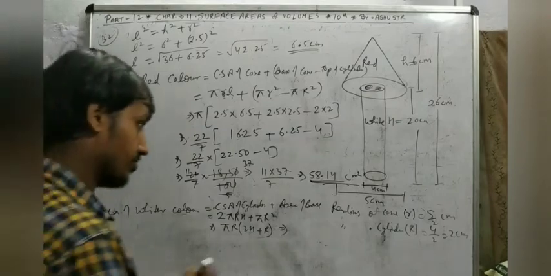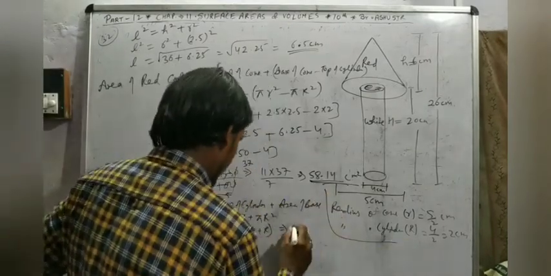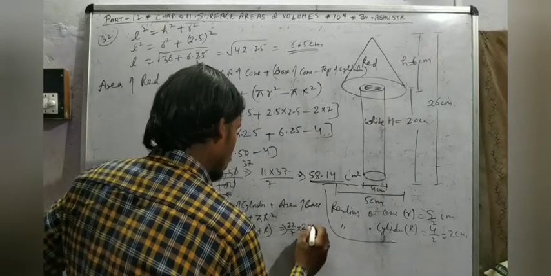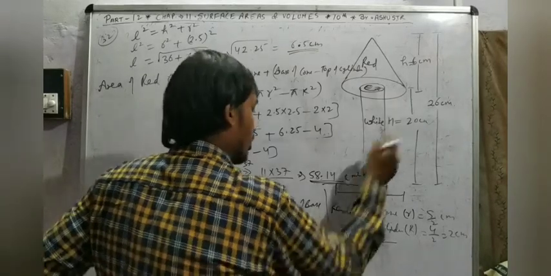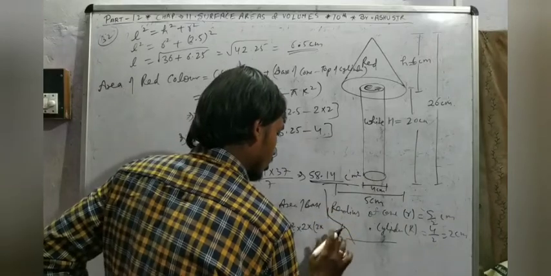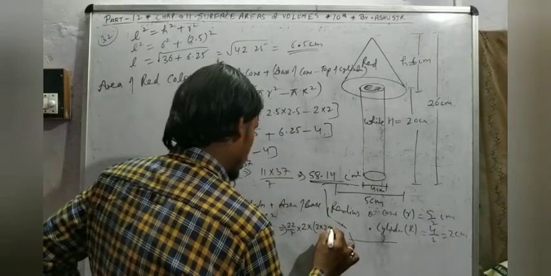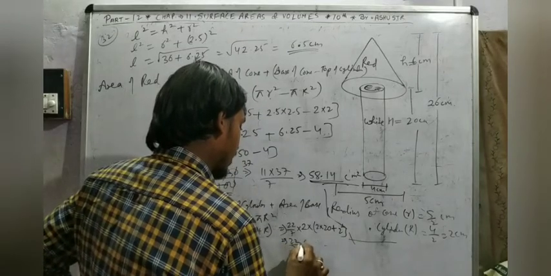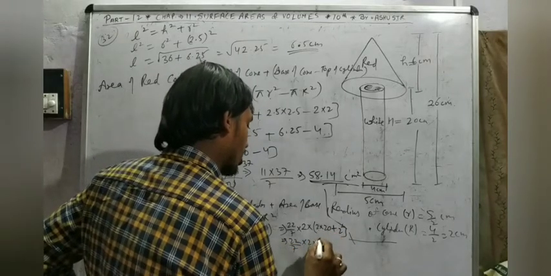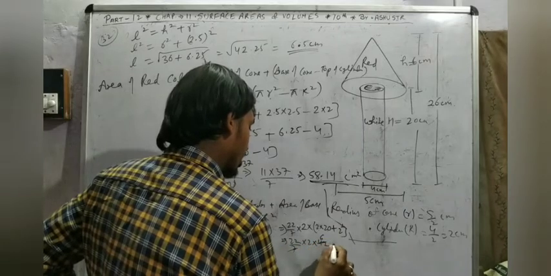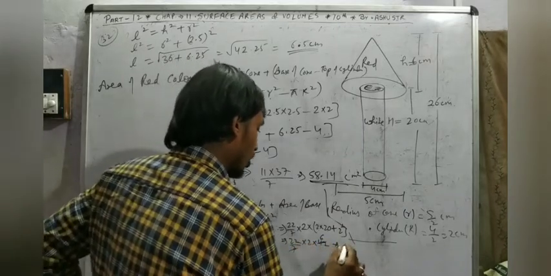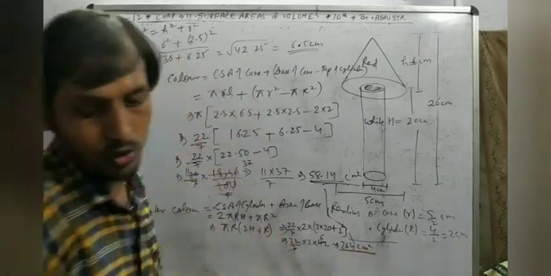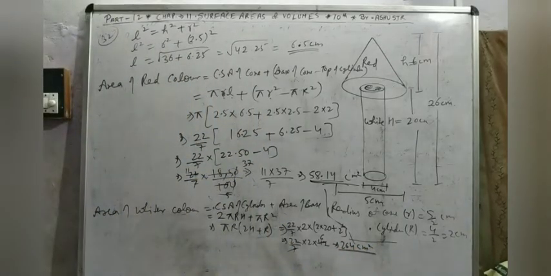Put all the values: 22/7 into 2 into (20 plus 2), that is 22/7 into 2 into 22, which gives 264 centimeter square, the area of white color.